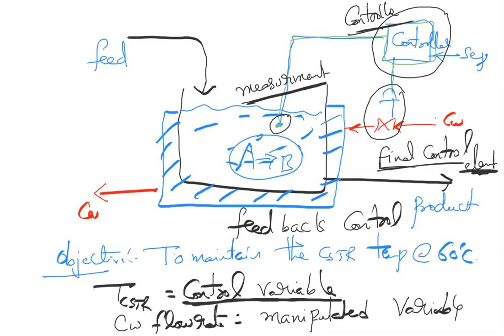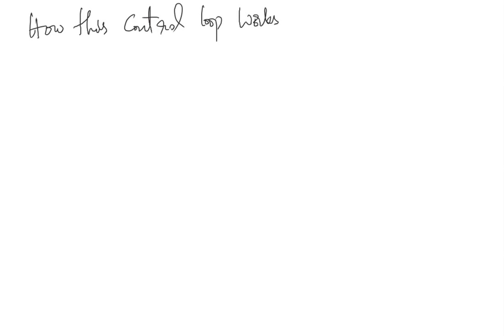How does this system work? Or let's say, how does this control loop work?